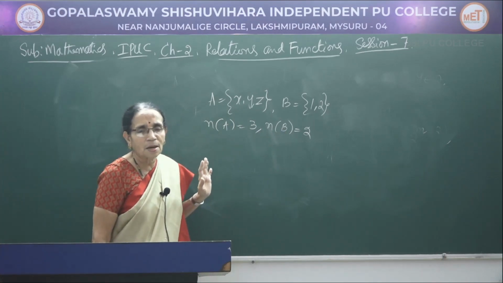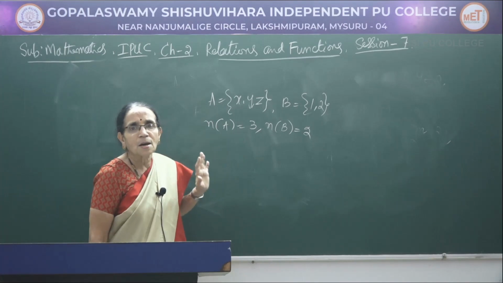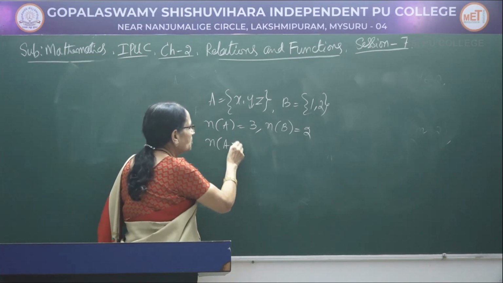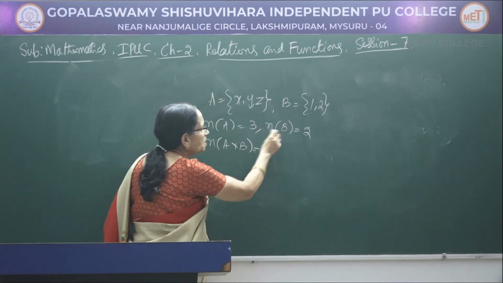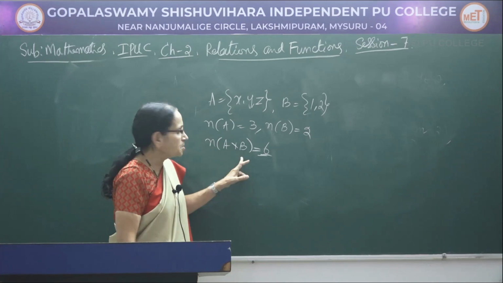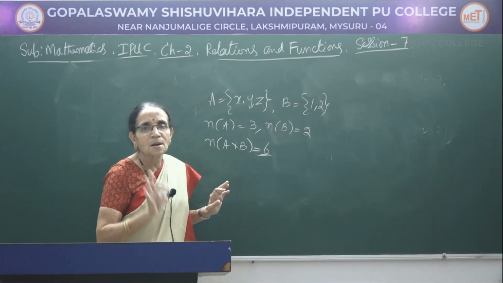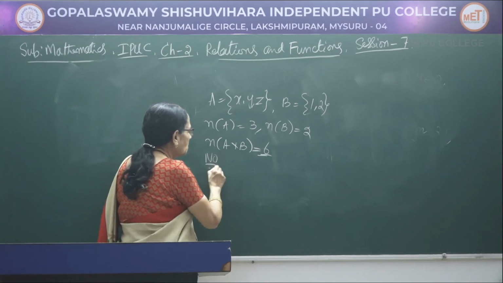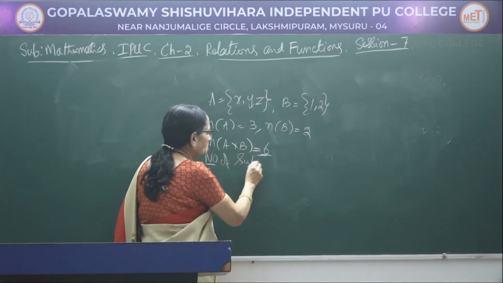That means both A and B are containing 3 and 2 elements respectively. Therefore n of A cross B would be 3 into 2, that would be equal to 6. So the Cartesian product will have how many elements? 6 elements.